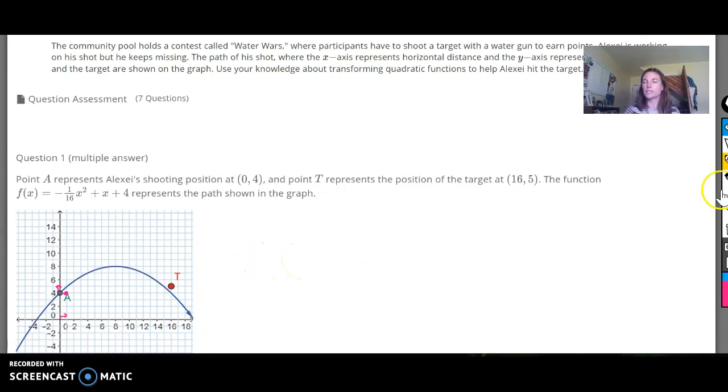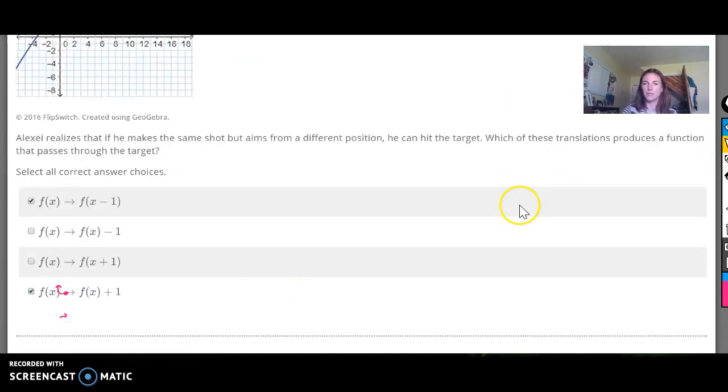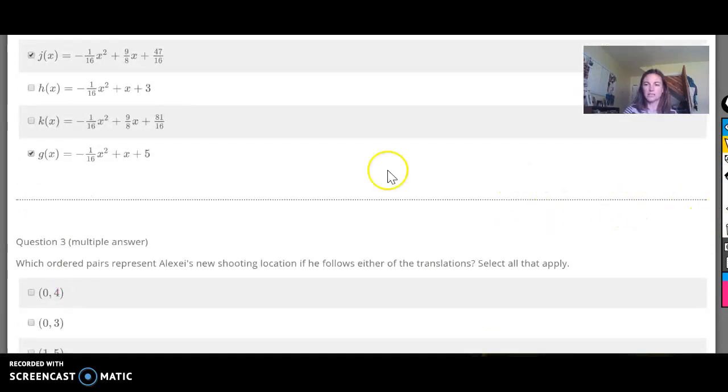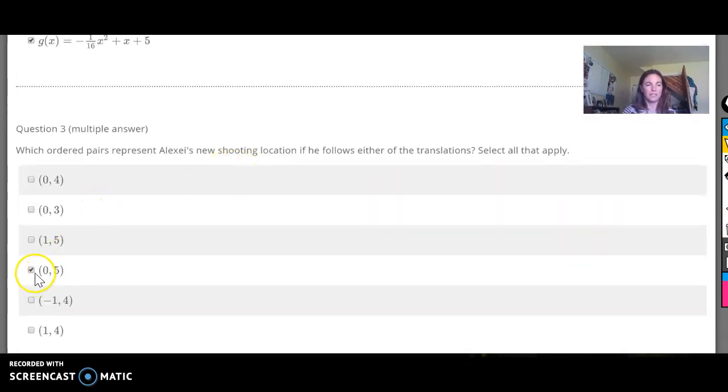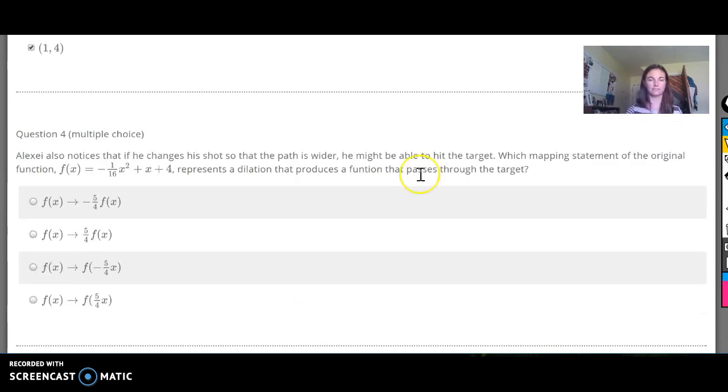So his 2 points, based on those translations, are going to be 0 and 5 and 1 and 4. So he can either move up 1 or he can move over 1, and that's what those coordinates represent.